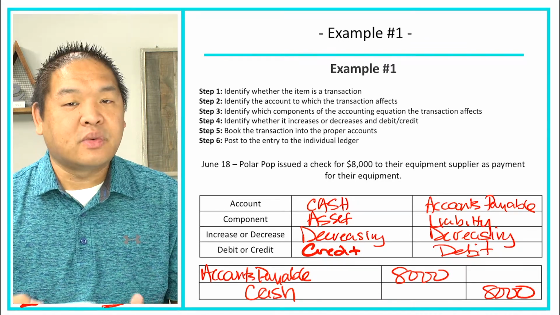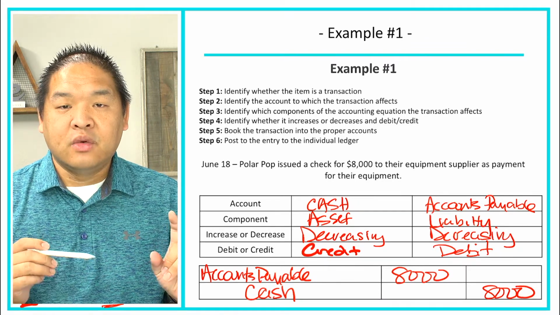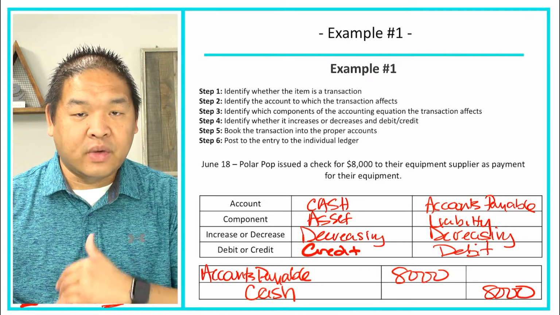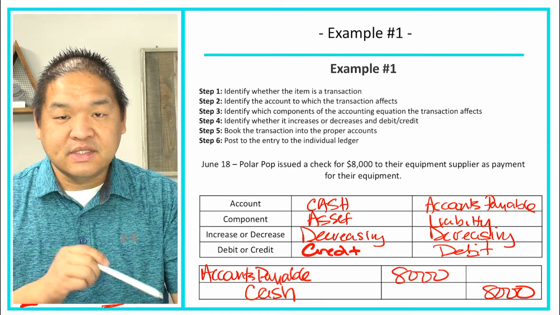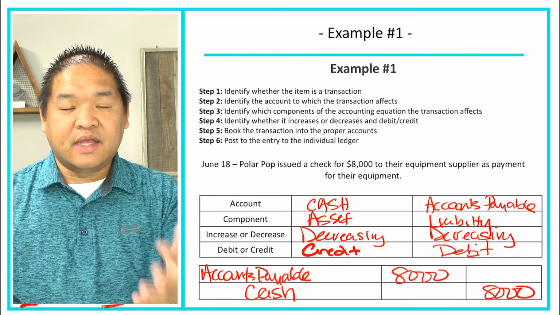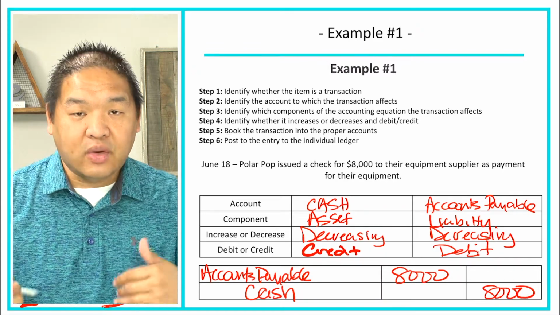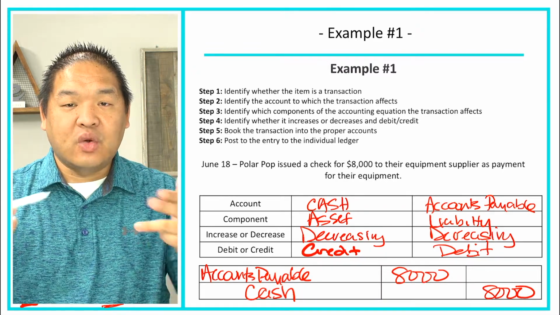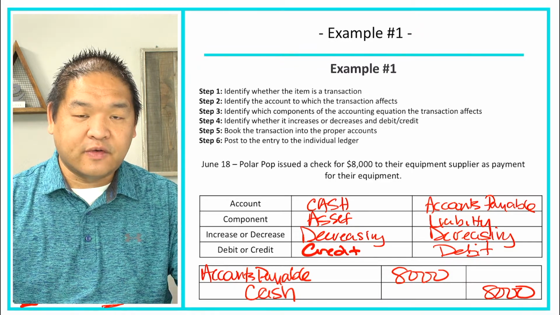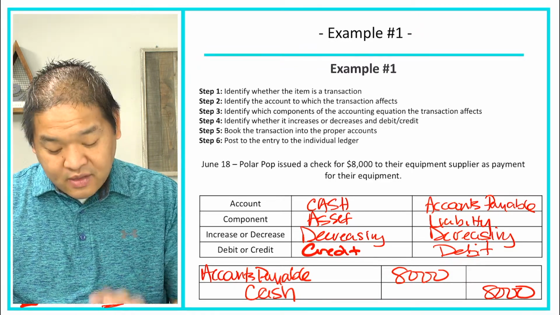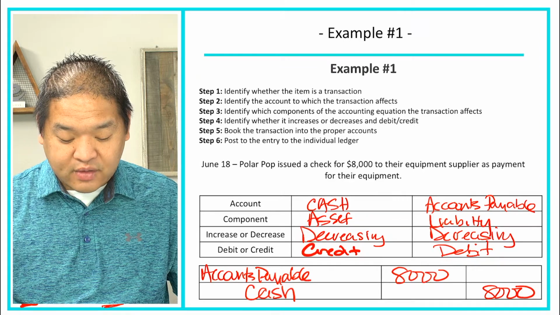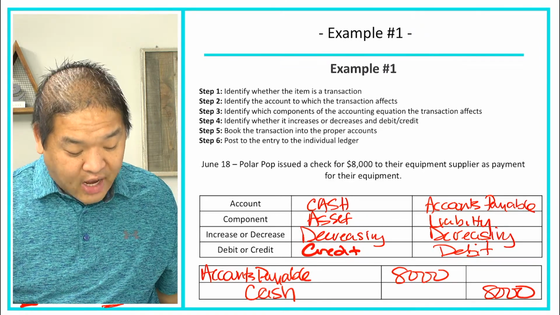All we're really doing is reversing that accounts payable. We had a credit for the accounts payable. To get rid of it, we have to do the opposite. The opposite is a debit. That's what we did here. And then the cash is going out. Cash going out is a credit because cash going in is a debit, so the reverse of that would be a credit. So that is our journal entry for this $8,000 check.